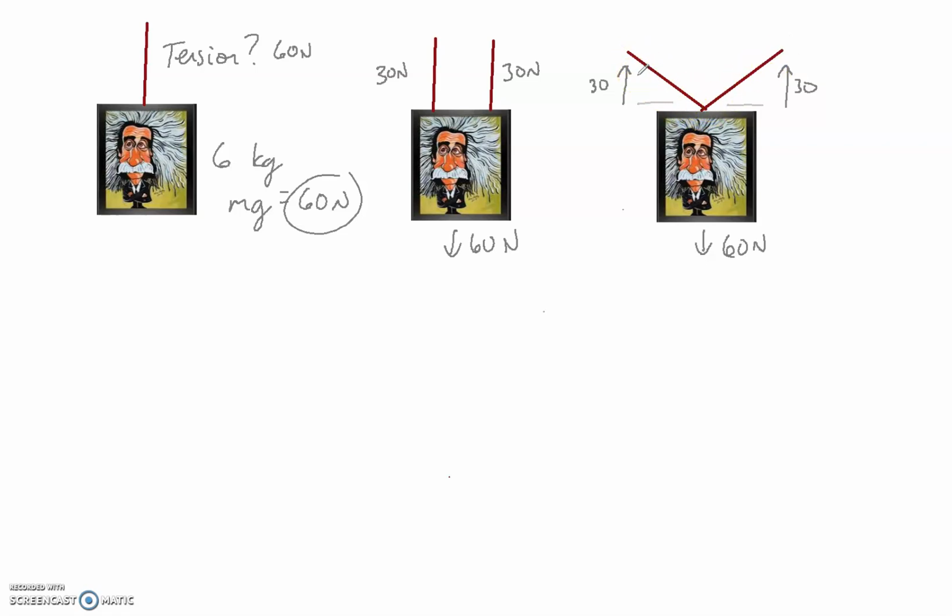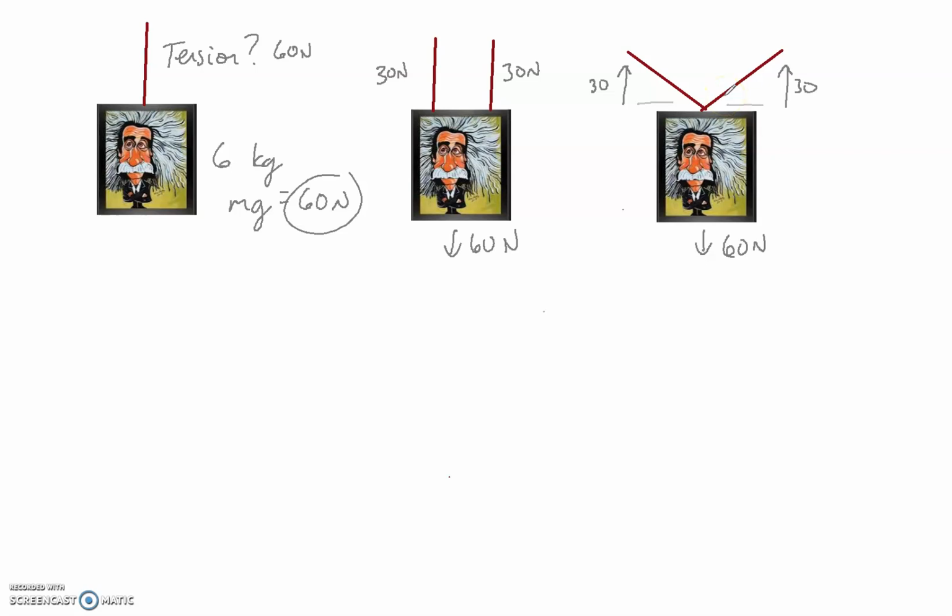So the vertical part still exists, but there's also now a horizontal one. This one is pulling to the right to balance off this one pulling to the left, and this one's pulling to the left to balance this one pulling to the right. So they're actually pulling against each other, causing this horizontal tension to be introduced, which then increases the overall tension in that cable right there.